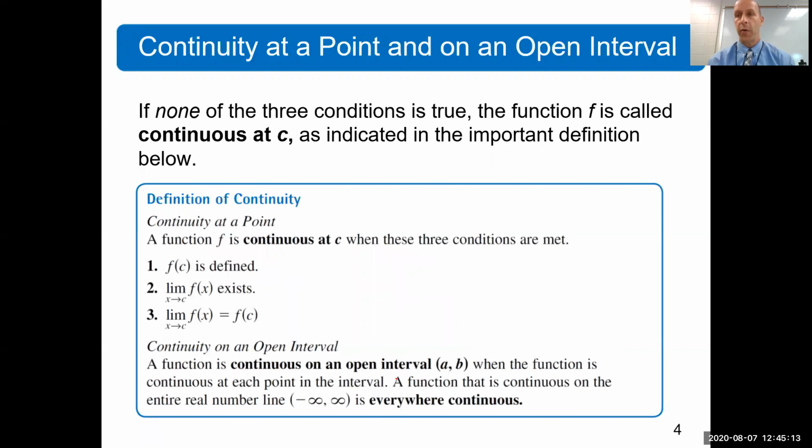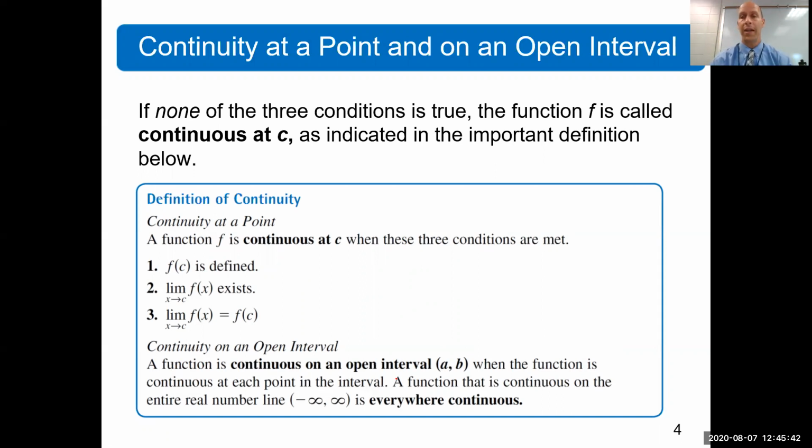So this brings us to our definition of continuity at a point. For a function to be continuous at C, it has to meet these three conditions. And when I give you an assessment, I'm going to ask you for these three things. f of C has to be defined. The limit of f of x as x goes to C has to exist.